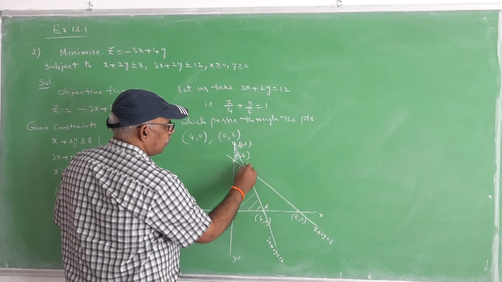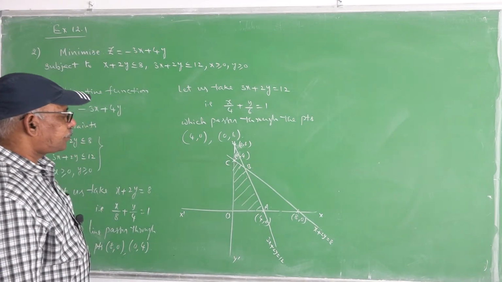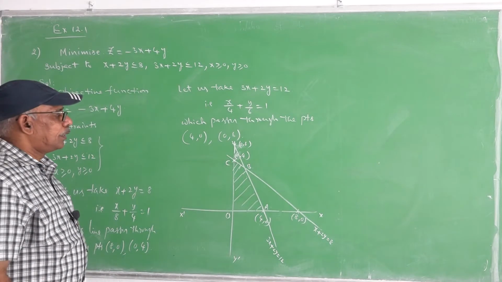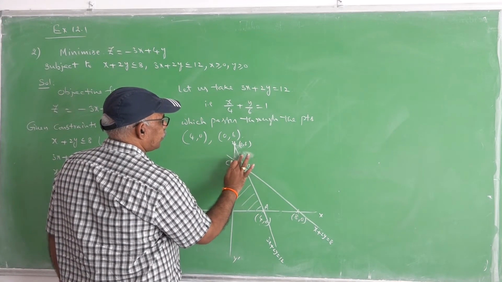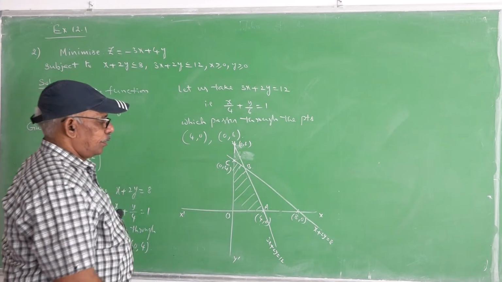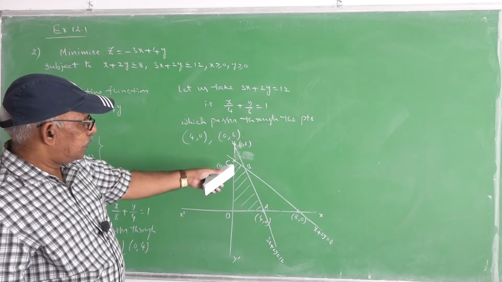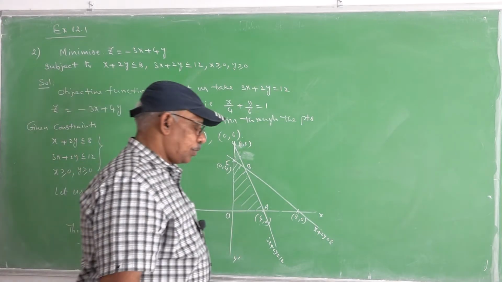Let this region be OABC. Here C is 0 comma 4. Now we have to find B. B is nothing but the intersection of these two lines.